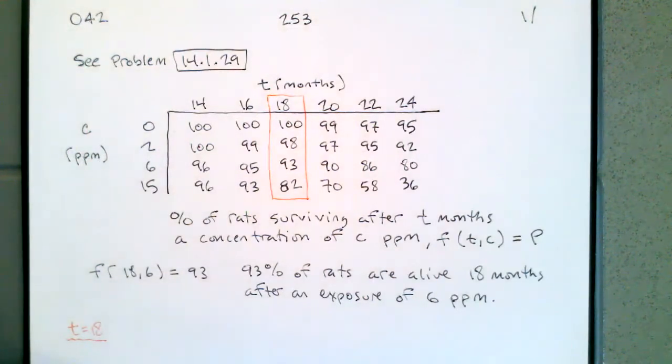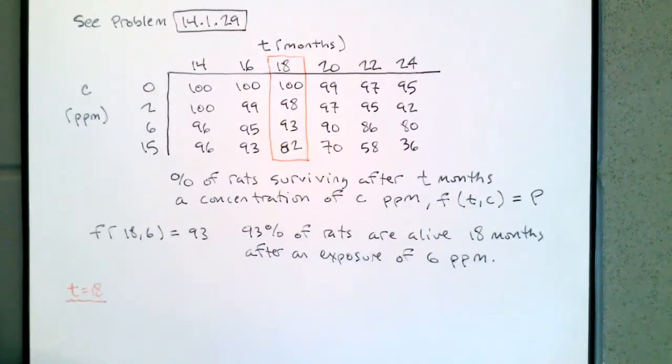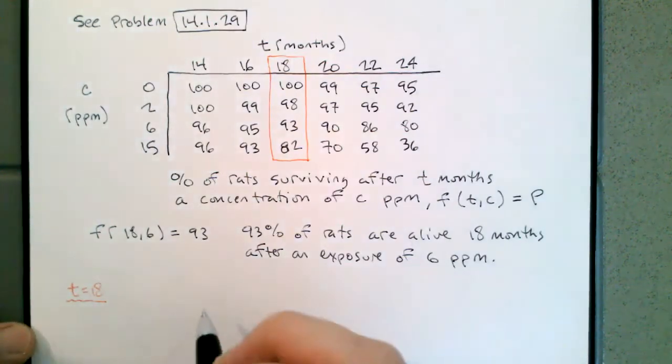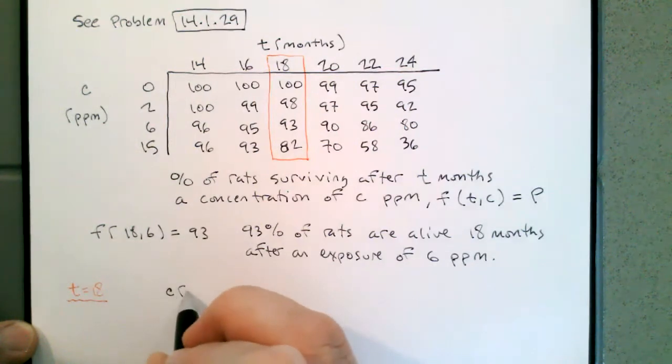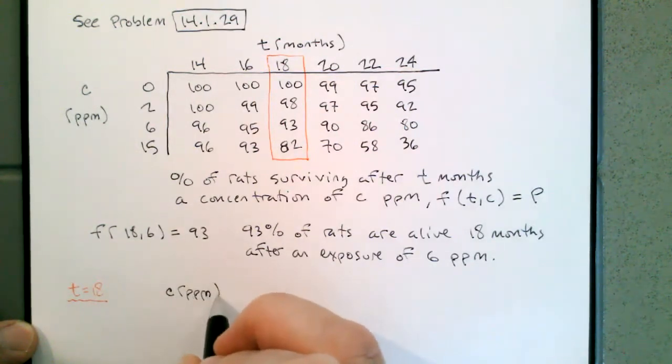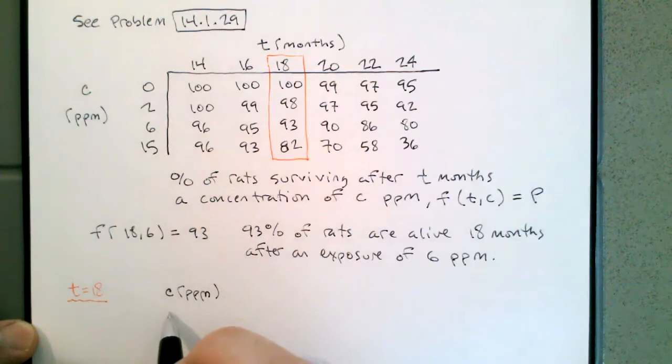So for a fixed value of t equals 18, let's look at the percentage as a function of concentration. So I'm going to have concentration in parts per million. And here's going to be the percent survival, P, and this is going to be in percent.